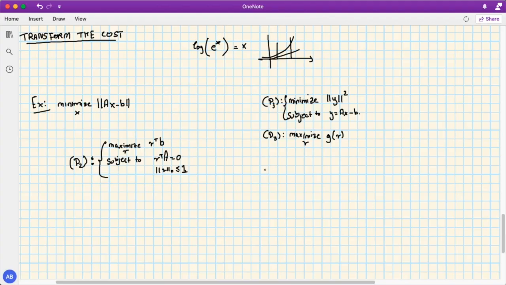First we need the Lagrangian function, that is L(x, y, nu), that is the norm of y squared minus nu transpose multiplied by y minus Ax minus b becomes Ax plus b, right?